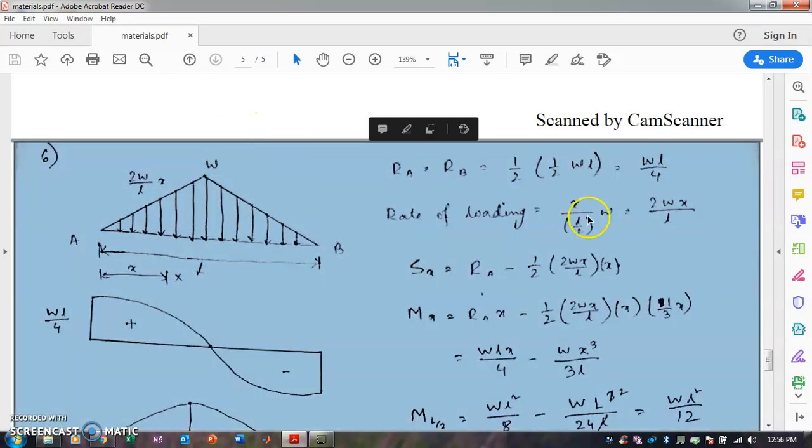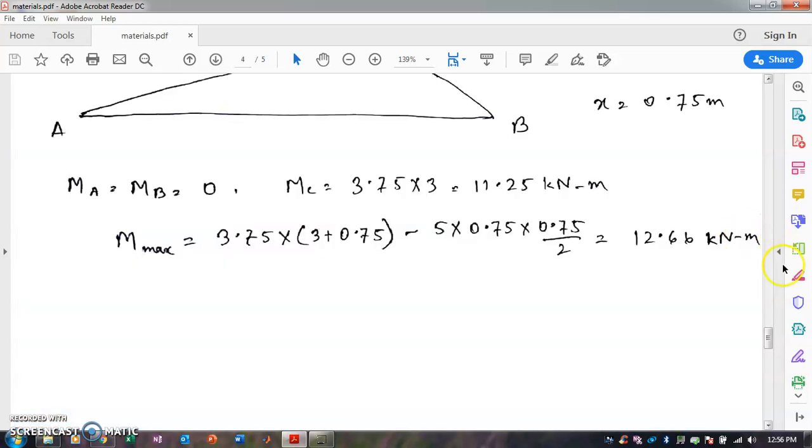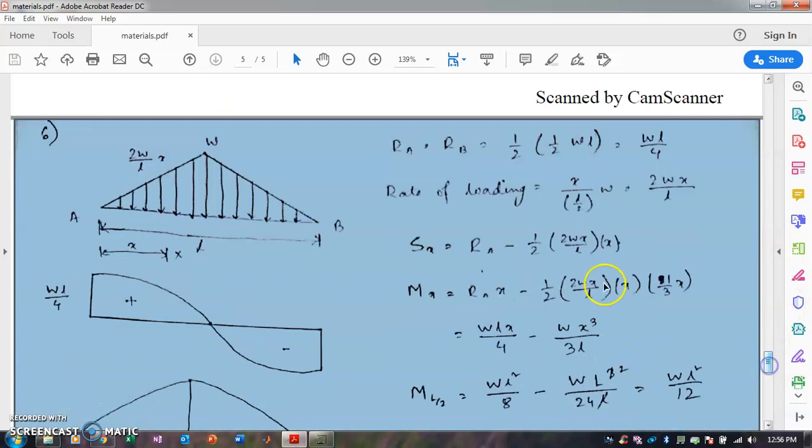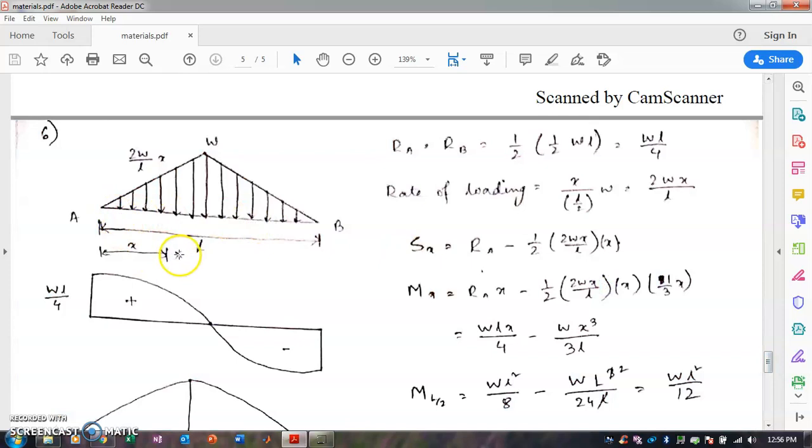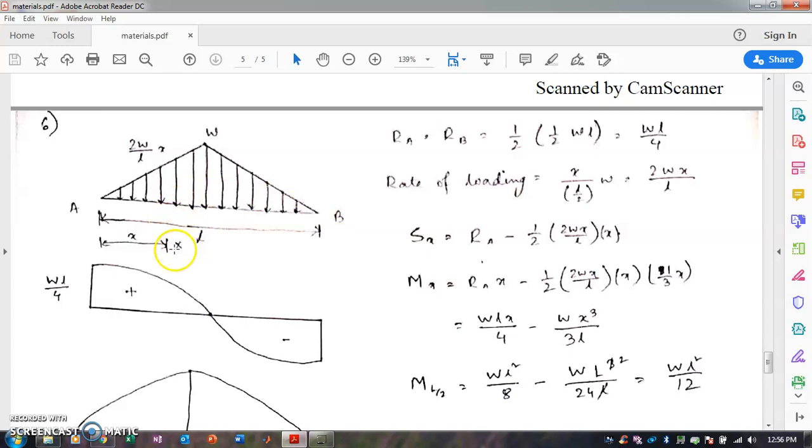Now we are considering a point X at a distance small x from point A. So what will be the load at point X? In the last class we discussed the unitary method to calculate the load at any point.